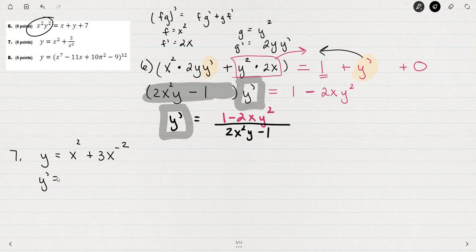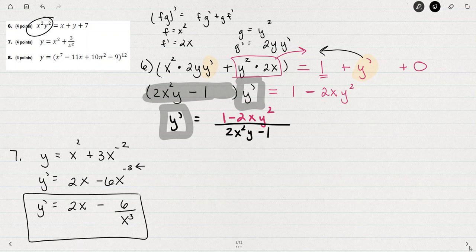So the derivative applying the power rule is 2x minus 6x to the negative 2 minus 1, so that's negative 3. The directions asked you to simplify by eliminating all rational and negative exponents. So the final step would be to rewrite this as 6 over x cubed.